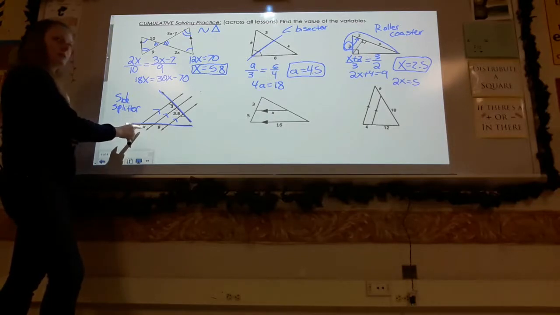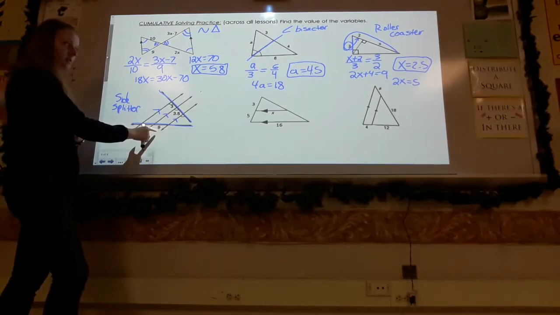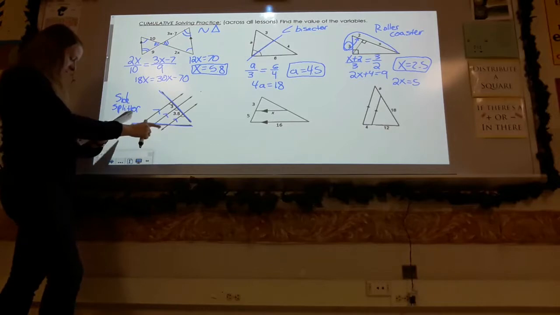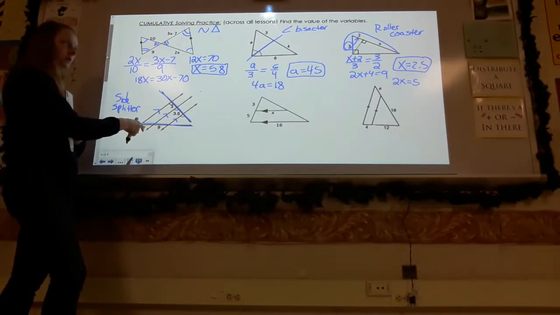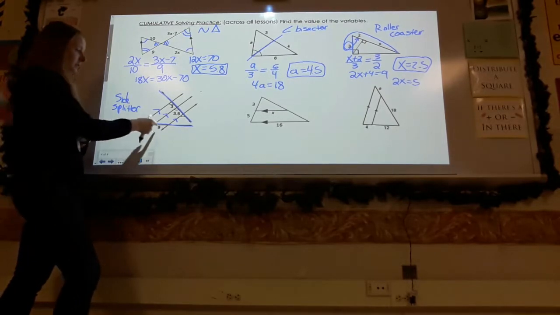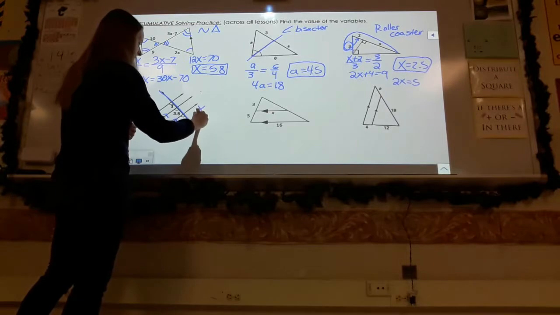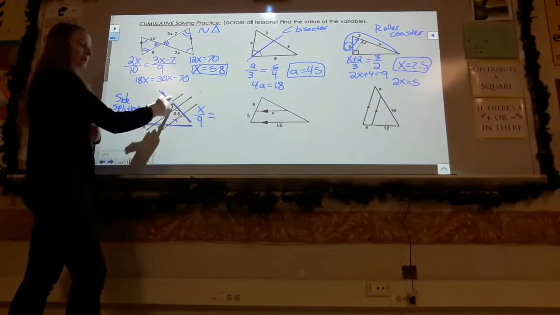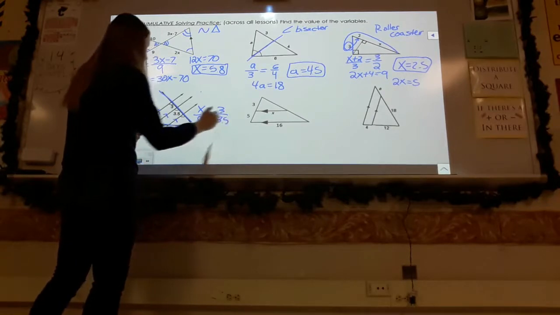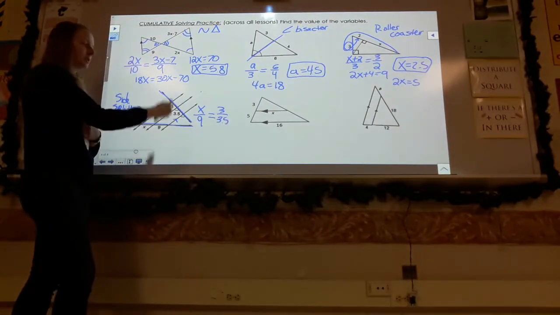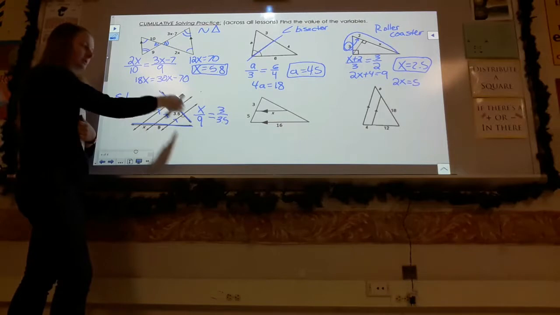If you want to start with x, how would you put that side of the proportion together? X over 17.5 minus x. You're on the wrong one, buddy. Go up. Wait. Second row. X over 9. Okay. X over 9 equals 3 over 3.5. Again, if you start on the far left and go inwards, make sure you do that over here too. Start on the left and go in.